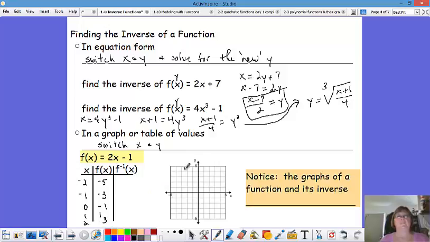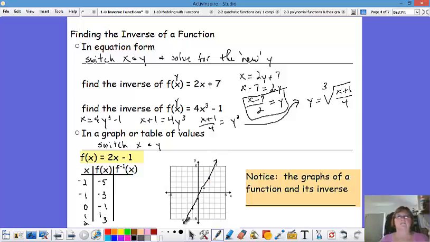So we have a set of points to plot for our function f of x: negative 2, negative 5; negative 1, negative 3; 0 and negative 1; 1 and 1; 2 and 3. There we are. There's our function.